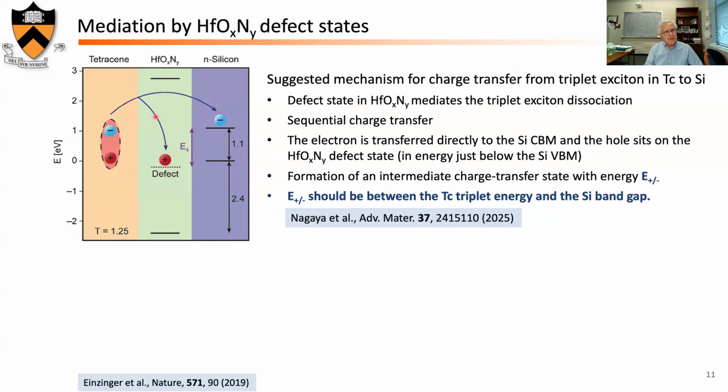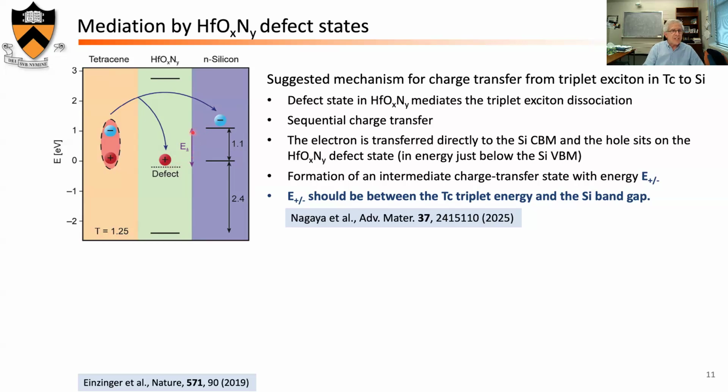The electron is transferred directly to the conduction band of the silicon. The hole stays behind on the defect and forms, as you can see right here, a charge transfer state or charge separated state between the electron on the conduction band of silicon and the hole on the defect. This is very important, and we'll come back to it again and again in the talk.